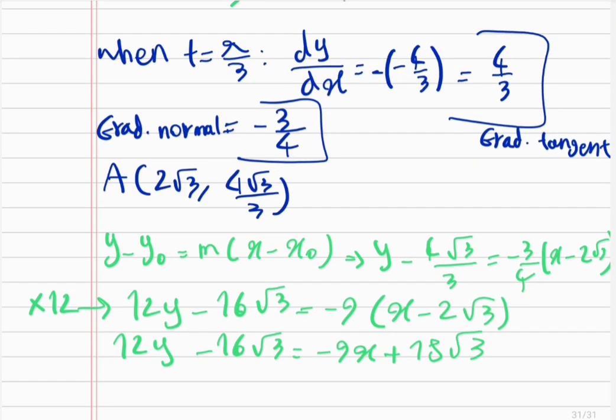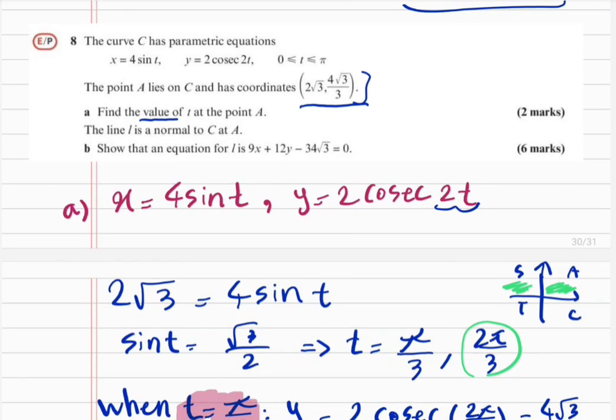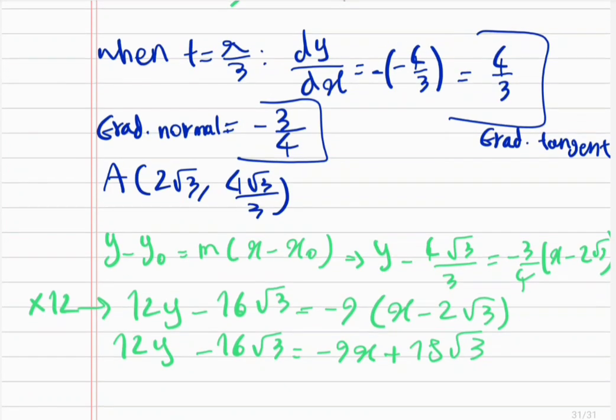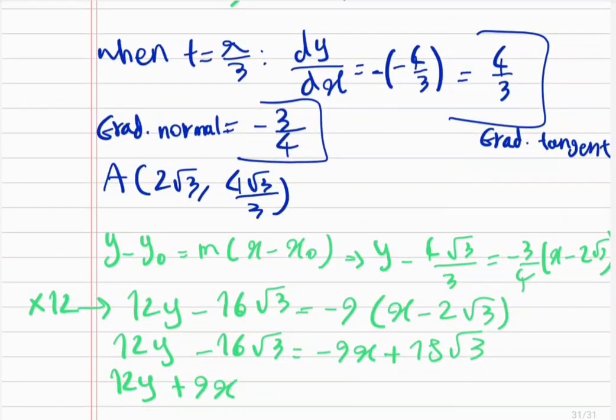Then since we want to have the equation in this form, we can bring everything to the left side, we have 12y, then add 9x, then if you subtract 18 root 3, we are going to get minus 34 root 3, which is exactly the same as the question.